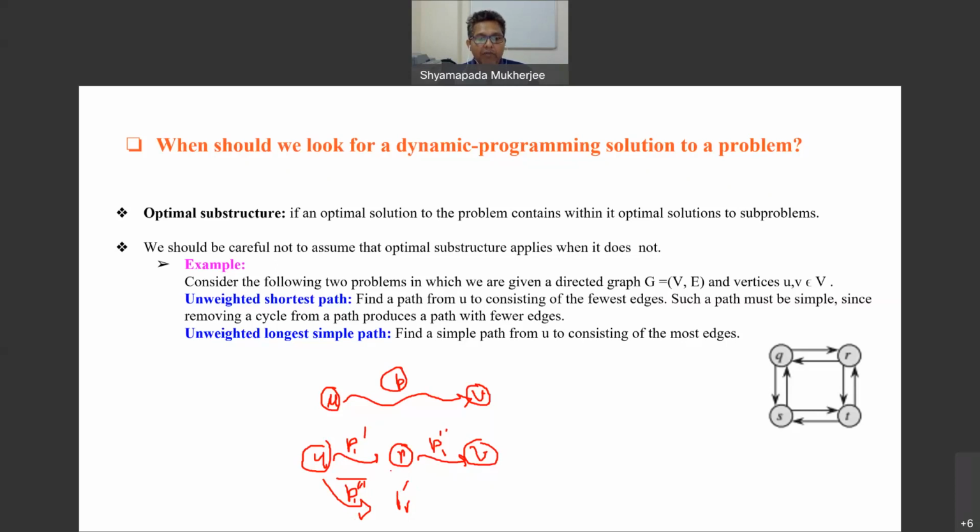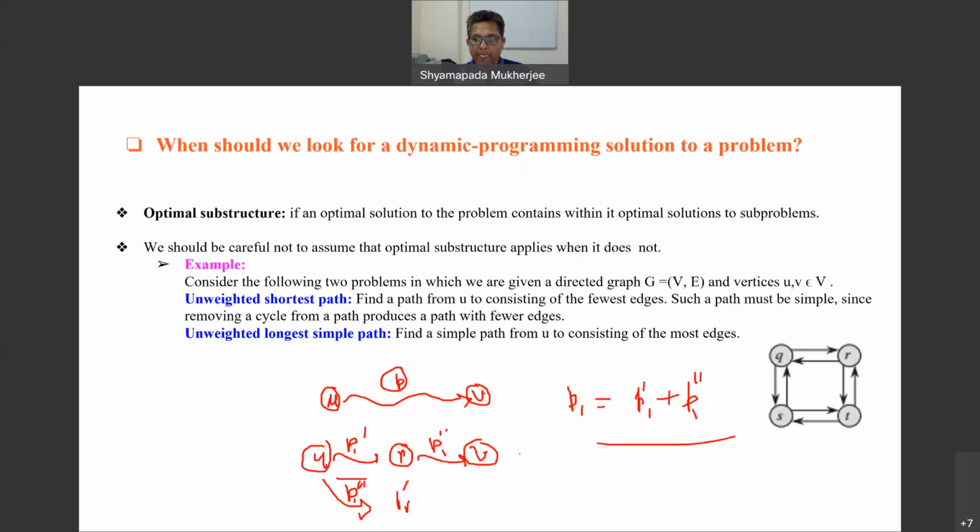So obviously path P will contain solutions to the subproblems of the shortest path from u to R and R to v. P will contain two paths, P1 dash plus P1 double dash. So from this we can say that the unweighted shortest path optimization problem satisfies the optimal substructure property.